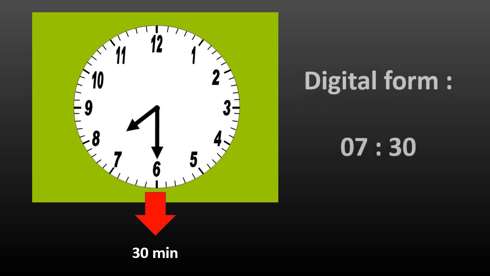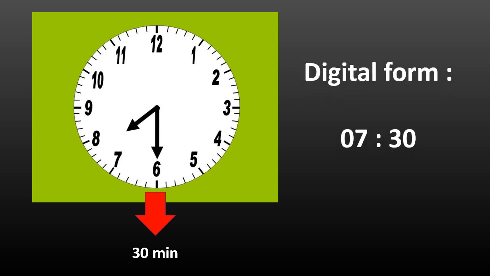So what about the left hand, which reads the hours? Now the short arm is between the 7 and 8. Which number are you going to take, 7 or 8? When we say past, we have to take the number first. Which number is first here, the 7 or 8? 7. So in the past, we take the 7, which is the previous number, opposite to the to. As we said before, for the to, we took the next number. If it's between two numbers, we take the next number and not the previous number.